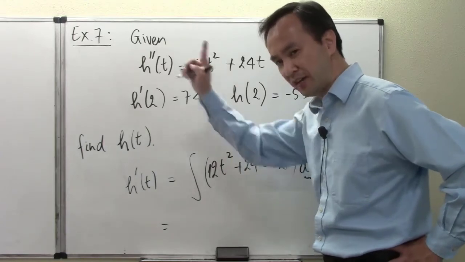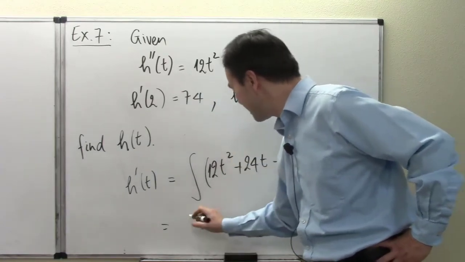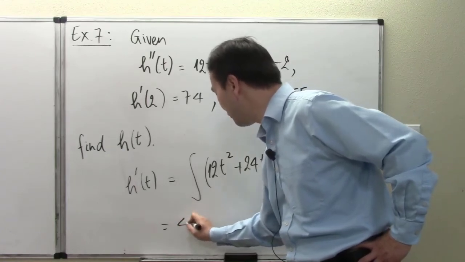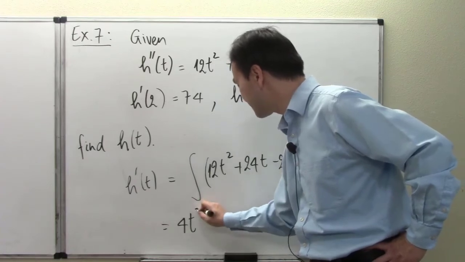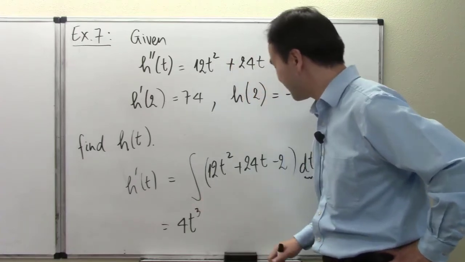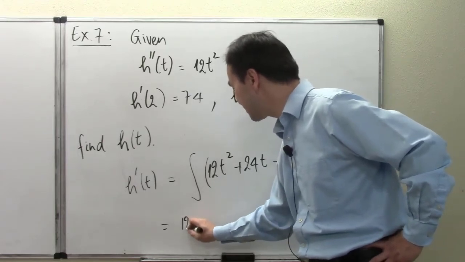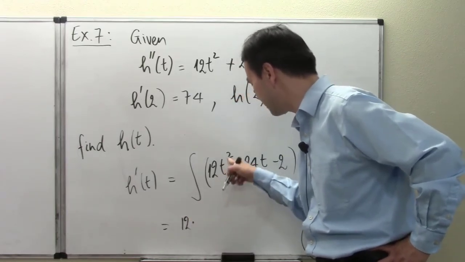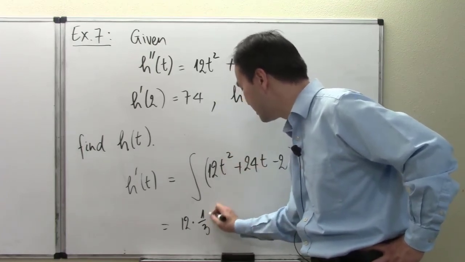12t squared, once we take the antiderivative of that, it's going to become 4t cubed, or maybe I shouldn't rush right here. So it's 12, that's the coefficient, times, now the power rule on top of that is indicating for me it's a 1/3 t cubed.